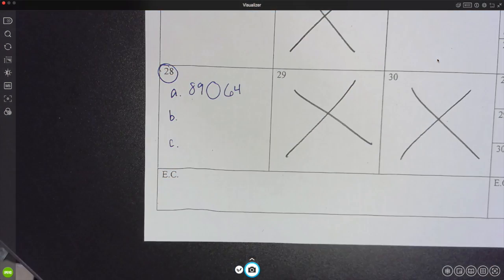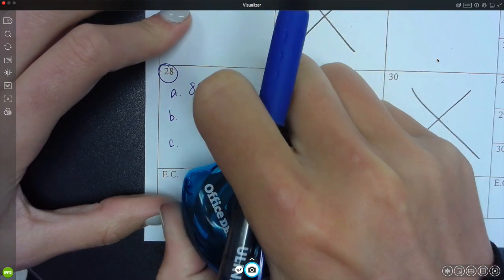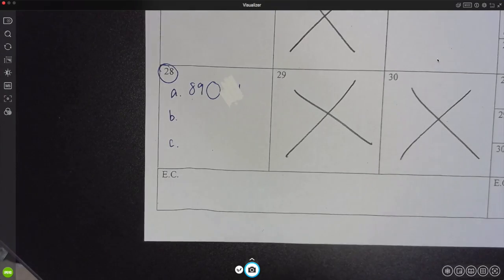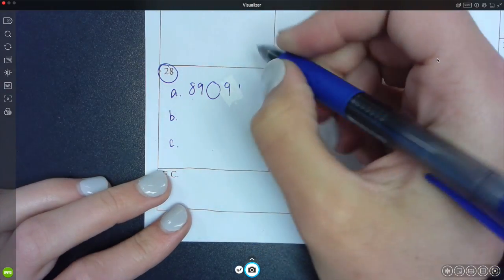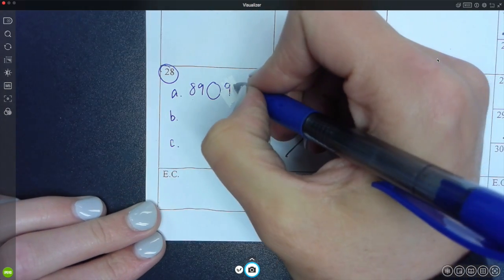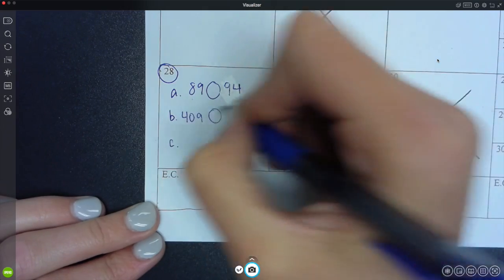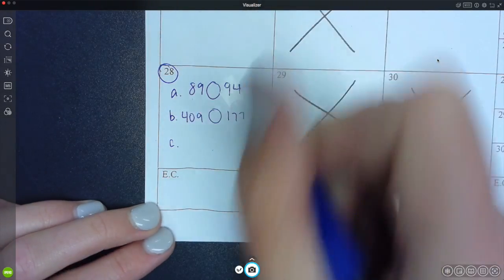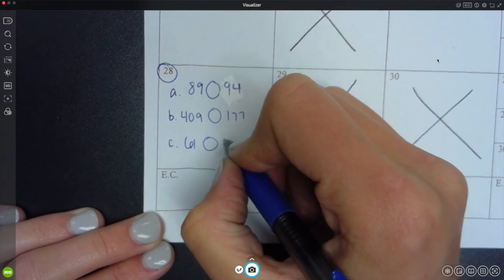Good thing you guys use pencil on your assignments. Next one is 409 as compared to 177. The last one is 61 compared to 26.